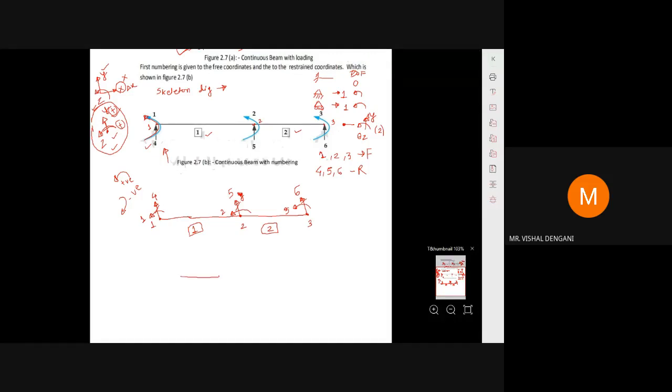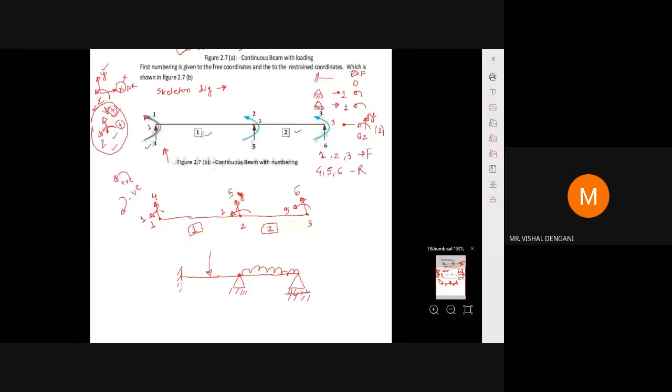So suppose I draw a beam here, and suppose this is a fixed support, and here there are two supports, hinge and roller. This is just an example I am giving you.